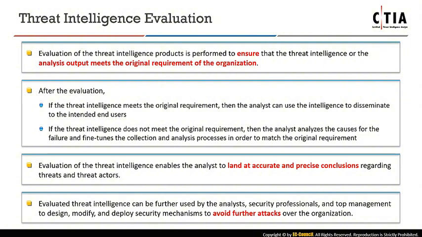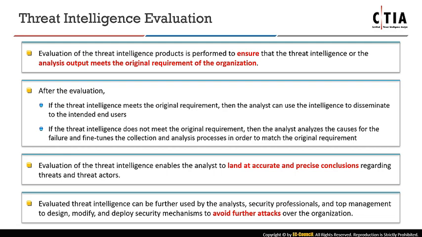As an overview, we're going to be looking at threat intelligence products. The evaluation is there to make sure that the threat intelligence, or the analysis of that threat intelligence, meets the original design and requirements of the organization.